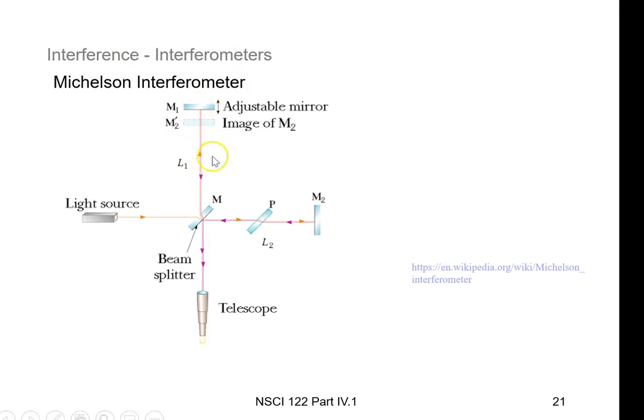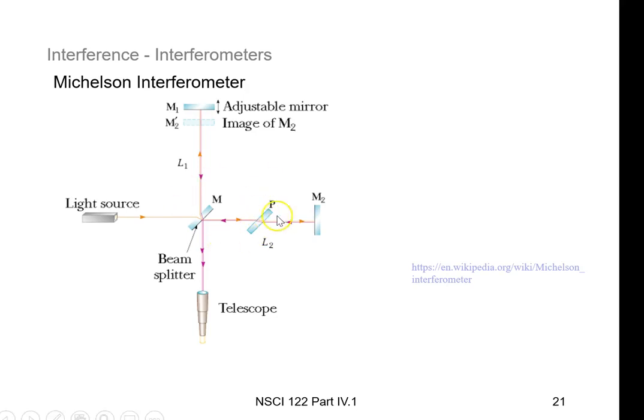Another thing that you can do is put in here, let's say in arm 1, without moving the mirrors, maybe a block of glass. Because, remember, light changes its wavelength in a material. So by looking at the fringe shifts that you get as you move that block of glass, you can figure out the index of the glass. So you could use the interferometer that way.